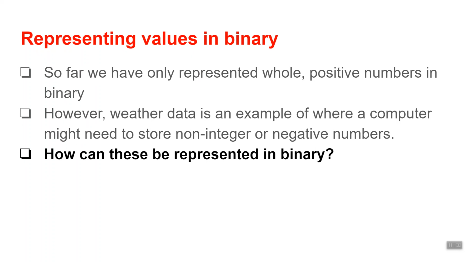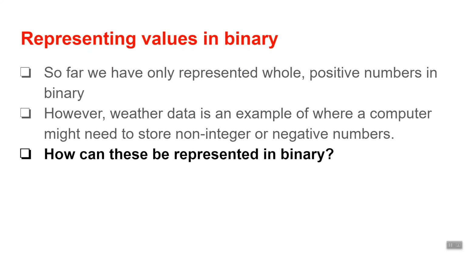Okay, so the problem that we'd have, if you hadn't already worked it out, was that we would need to use non-integer and negative numbers. Probably so far in binary, you've only looked at representing whole numbers, and numbers that are positive.